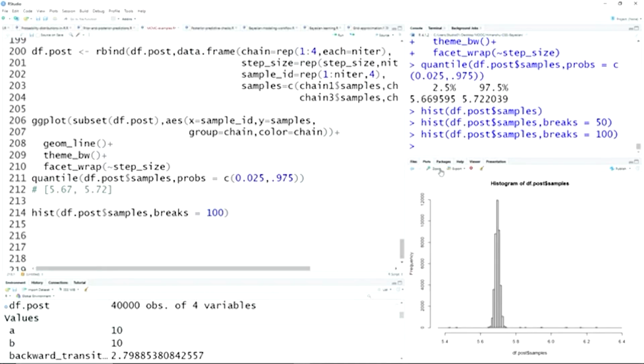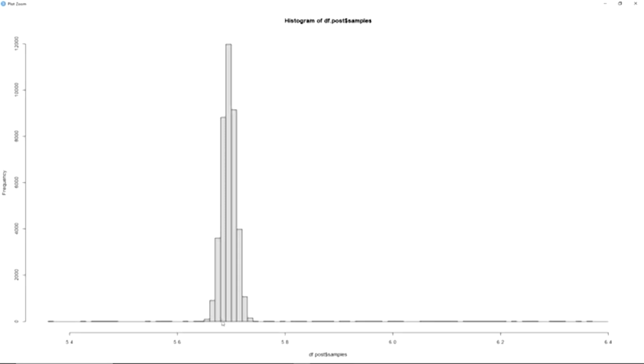This is how the histogram looks like. Yeah, so basically the central tendency is around 5.7 or so.